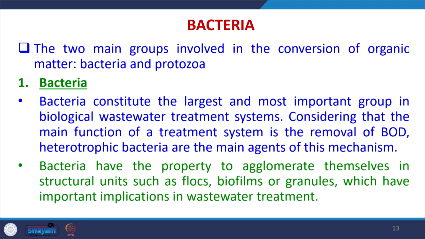The two main groups involved in the conversion of organic matter are bacteria and protozoa. We will try to understand a little bit of bacteria and protozoa in today's lecture. Bacteria actually constitute the largest and most important group in the biological wastewater treatment system, and their main function is to remove the BOD.